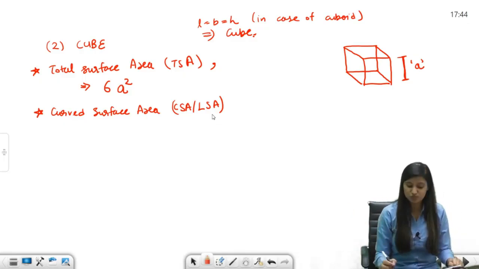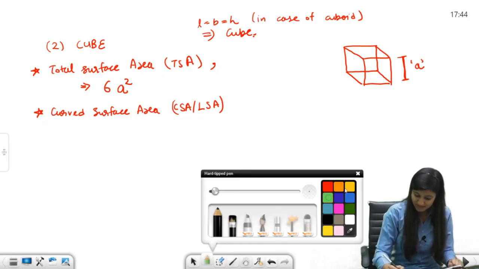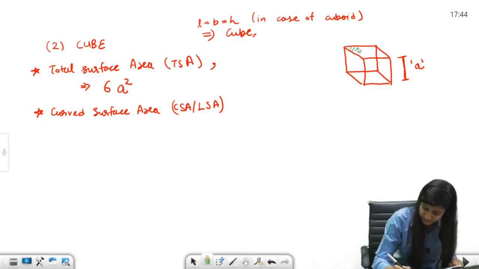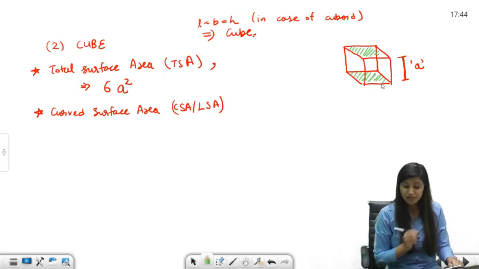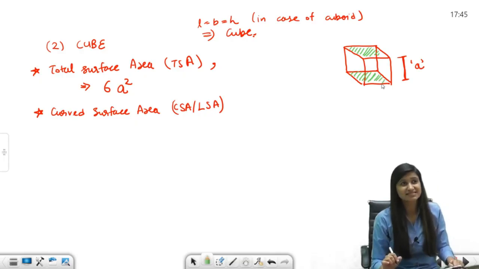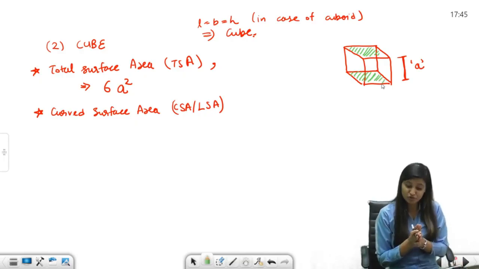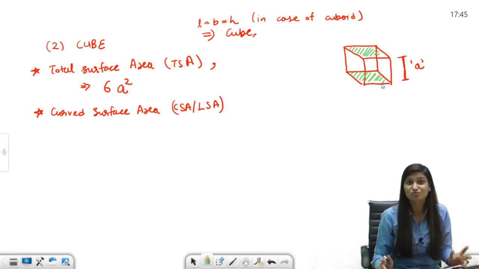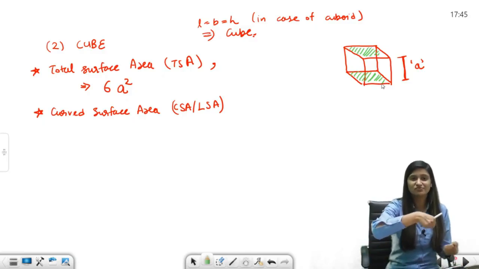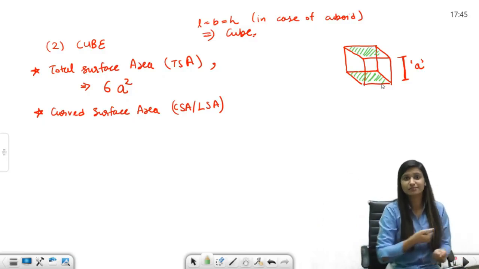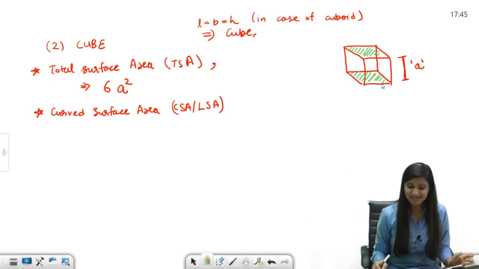In this case, what will you remove? These two parts. Let me shade them for you. This one and this one. You can imagine it as a cube shaped shoebox in which you have removed the lid and the bottom as well.